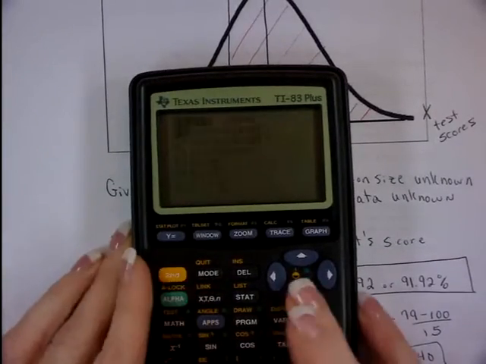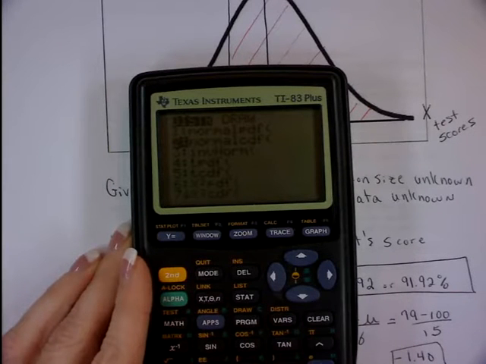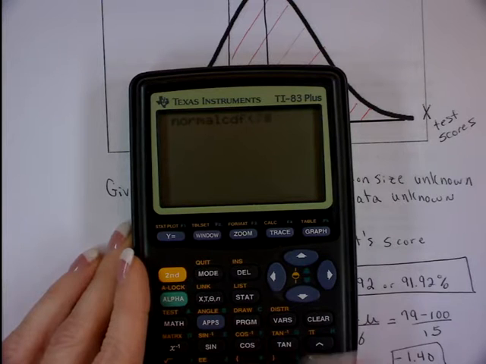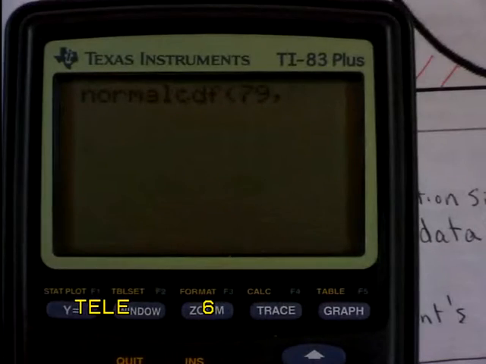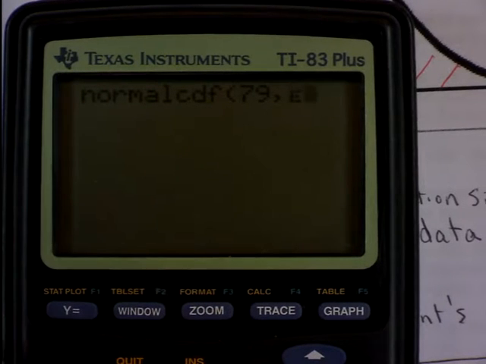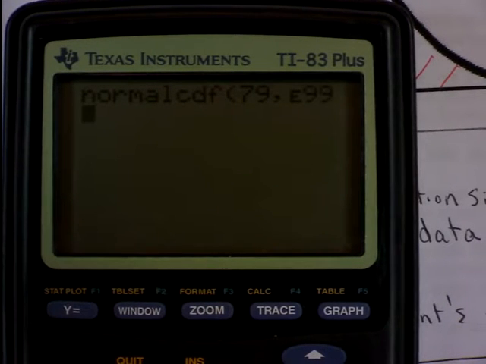So second variables, number 2, and I'm going to say 79, comma, E99, comma, 100, comma, 15.